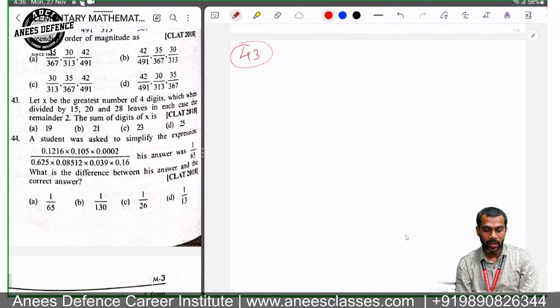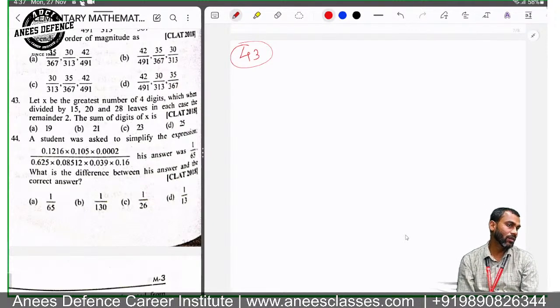So if you divide by any of the numbers 15, 20, and 28, whatever remainder you get, you will get the same remainder when you divide the number by the LCM of all these 3 numbers. Are you getting my point? Suppose we take 46.